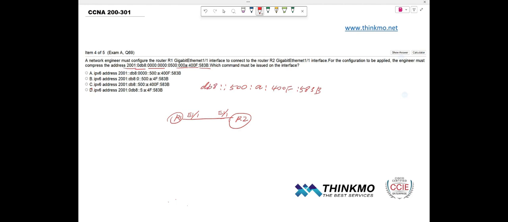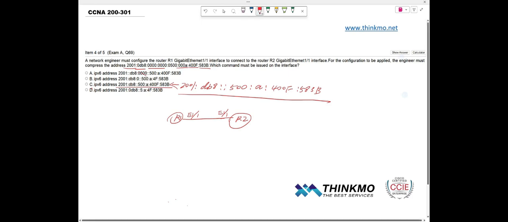And the preceding 2001 cannot be compressed. 2001 colon, so based on this, from our own calculations, we can directly determine the choice. Answer C, right? The mistake in the first option is here. It wasn't fully compressed here. Then the mistake in the second option is with the 0 placeholder.